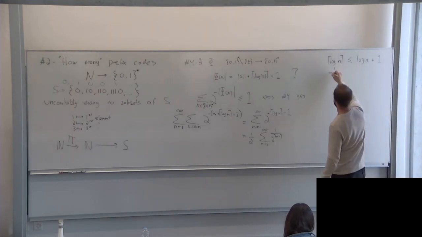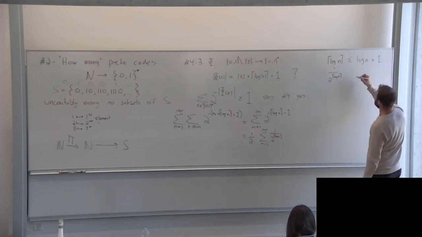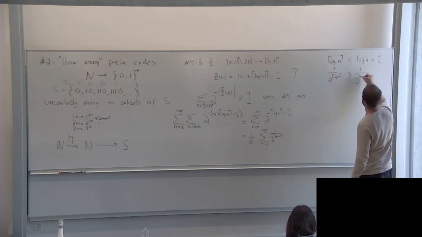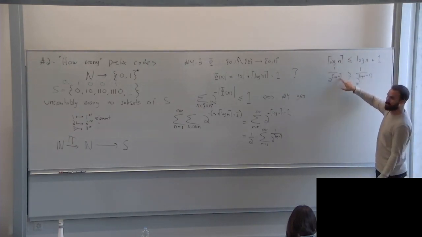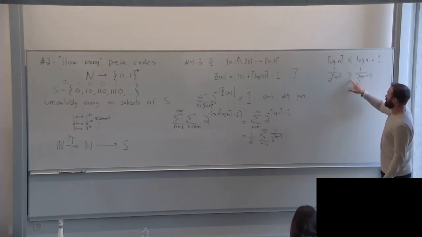So 1 over 2 to the ceiling of log n is greater or equal than 1 over 2 to the log n plus 1, because taking 2 to the something doesn't change the order, but taking 1 over changes the order.